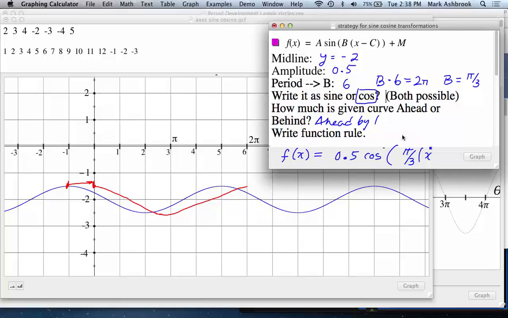Good. This is what she wants. It's ahead by 1, right? So our graph, the blue one, is ahead. The standard cosine, or the cosine without a shift, starts behind by 1. So the argument angle is 1 greater.